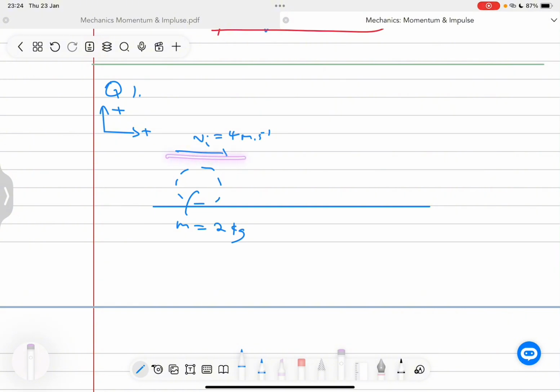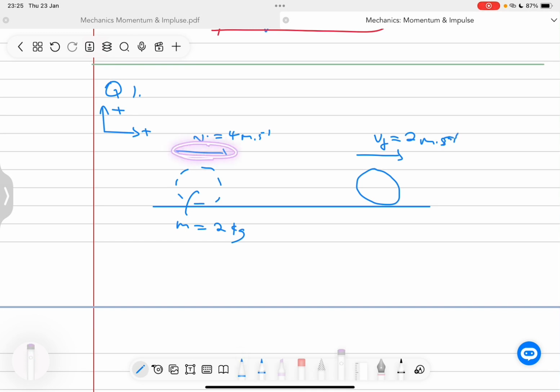The ball moves towards this direction such that at some point here, when it arrives here, it will then have the final velocity, which has decreased to 2 meters per second.